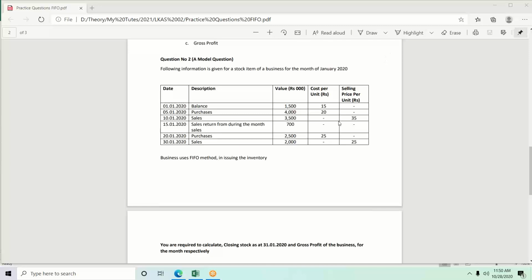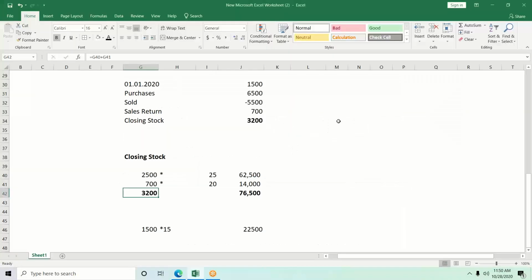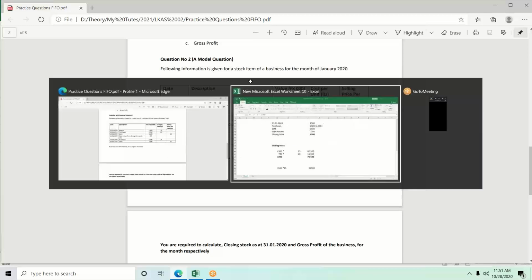Right, but in this question, there's a small issue, that is you won't get an answer. I'll explain this from the beginning. You had 1,500 units and you purchased 6,500 units. How did you get that 6,500? 4,000 units plus 2,500 units.